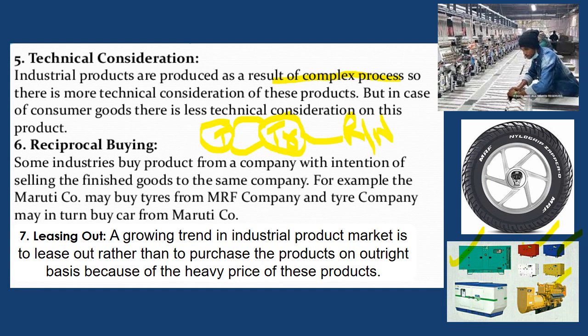Before you can manufacture the tire, you need to have raw materials, right? You need to have the bolt, the nut, the lead, let's say rubber, everything. So who is helping you? These trucks are helping you. These trucks have four wheels, right? The four wheels of the trucks are indeed MRF. So that is what is called reciprocal buying.